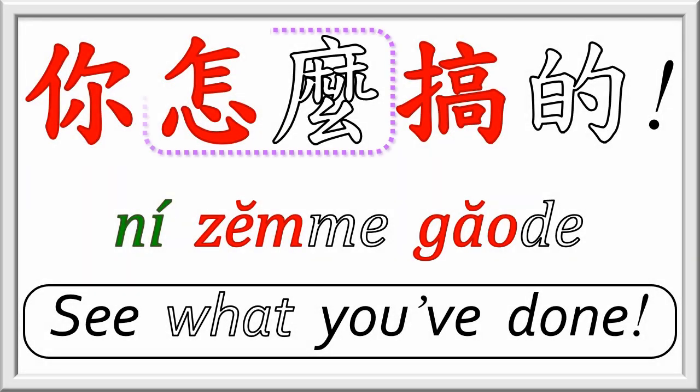Another tricky example is 你怎么搞的? This sentence is often spoken in exasperation, translating as, what on earth have you done? And finally, the negatives 不怎么 and 没怎么 indicate that something is not up to or down to some standard.